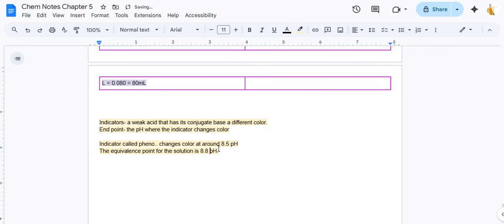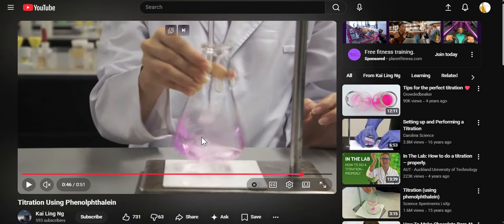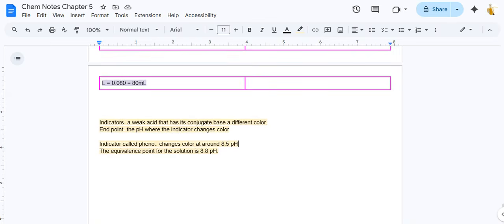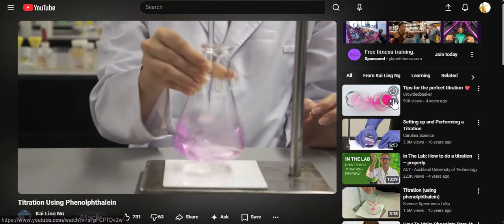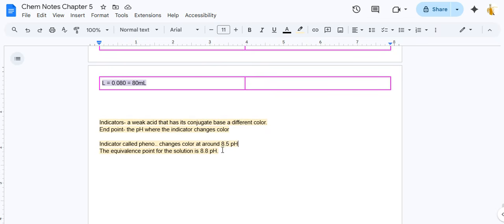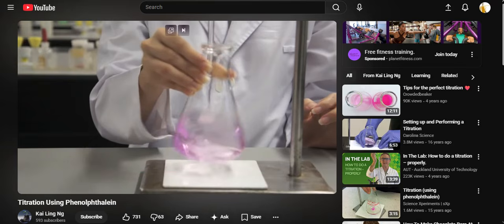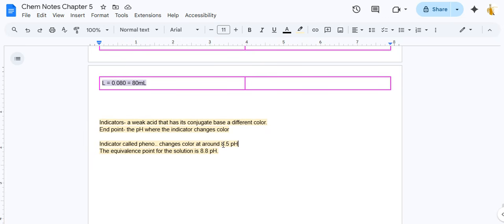So we know once it changes color, it means that the acid in here has had its pH increased to a more basic solution from the base being dropped in, to a pH of 8.5.